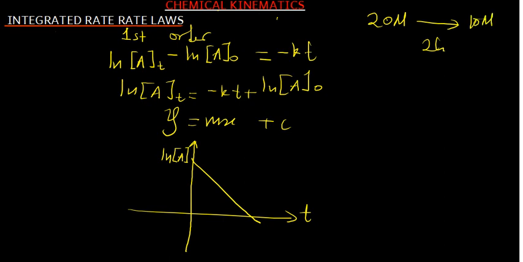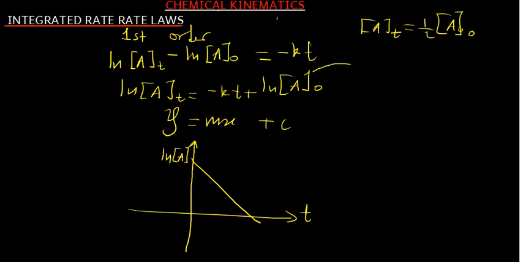So you can see that it has gone from 20 to 10. That is half of its initial. So the half-life for this reaction is 2 hours. And so we are saying the concentration at a certain time, if it is equal to half the initial concentration, that is what we refer to as half-life.